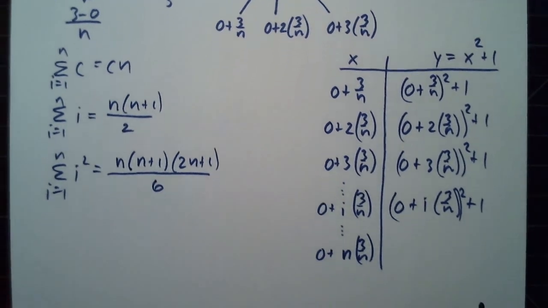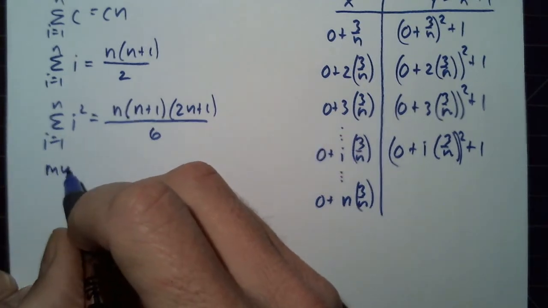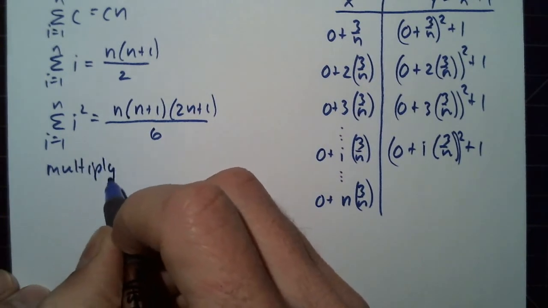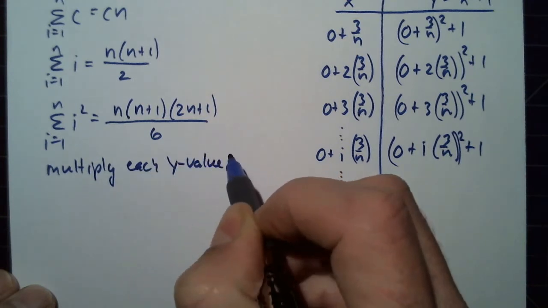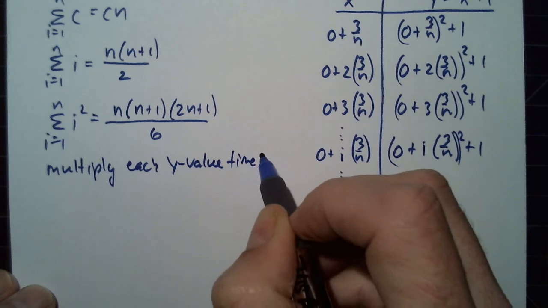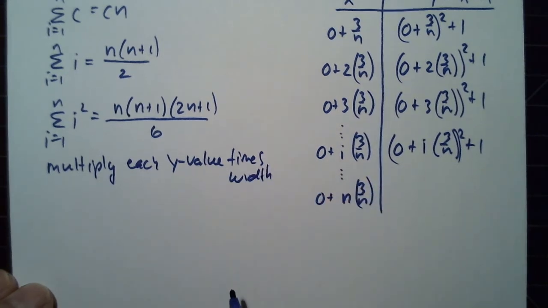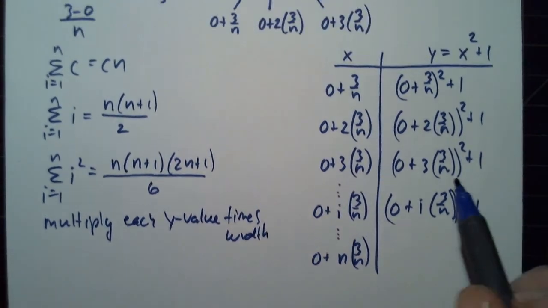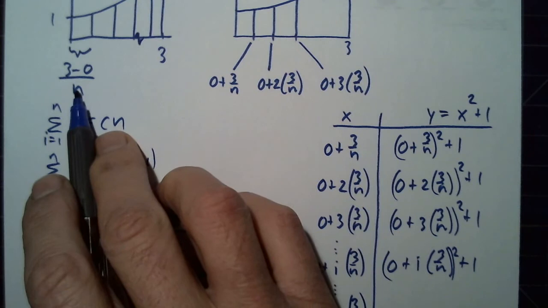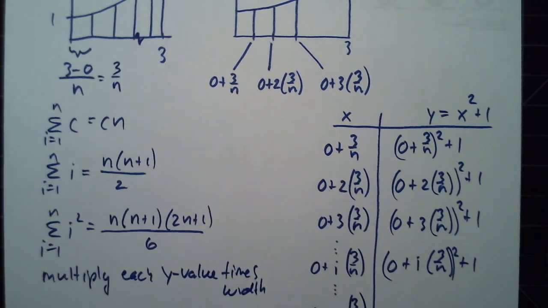Okay, now let's multiply each y value times the width. So that means we need a y value times the width of the rectangle. The width is 3 over n of each rectangle.